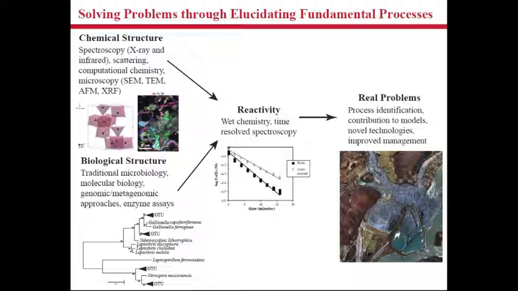We look at the way atoms are arranged in space and how they are structured to understand how that affects reactivity. Same thing with biology: we look at how communities are arranged to understand how that affects chemical reactivity. By chemical reactivity, I mean how components break down, how metals adsorb to surfaces, what really affects how things happen in the environment. Then we take these small-scale, fundamental process measurements and try to relate them to real-world problems.